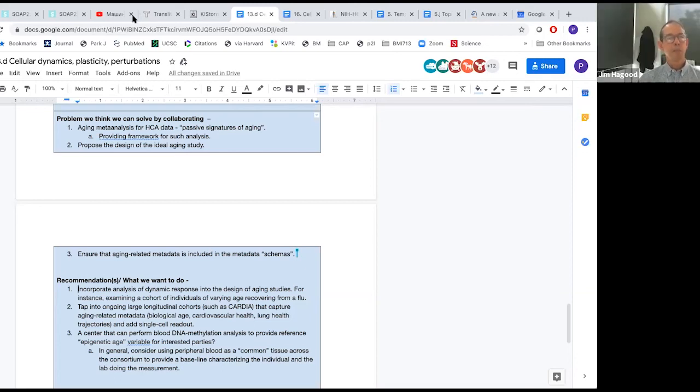Has anyone compared DNA methylation versus chromatin accessibility in a very controlled way, to look at whether anything can be extrapolated from chromatin? Does anybody know about that? I'm also not aware of such a study.